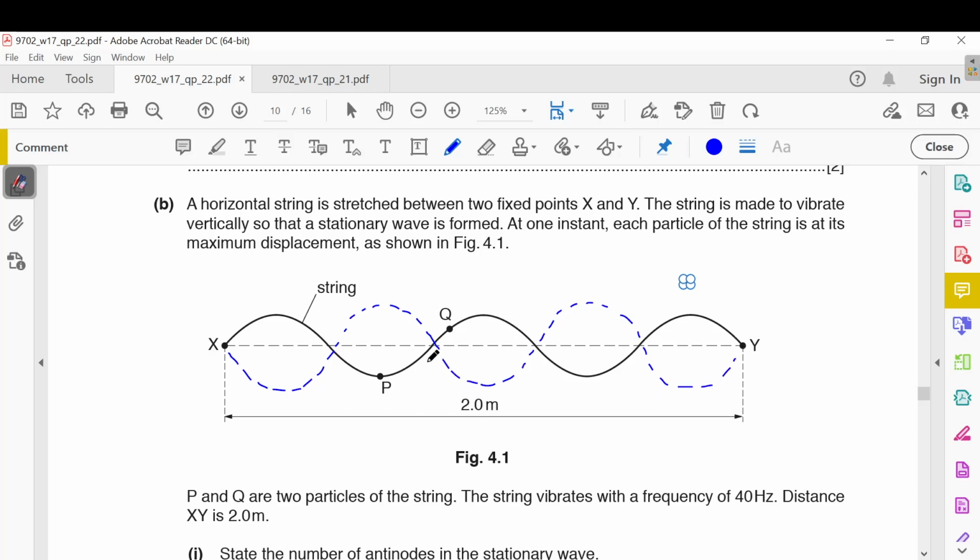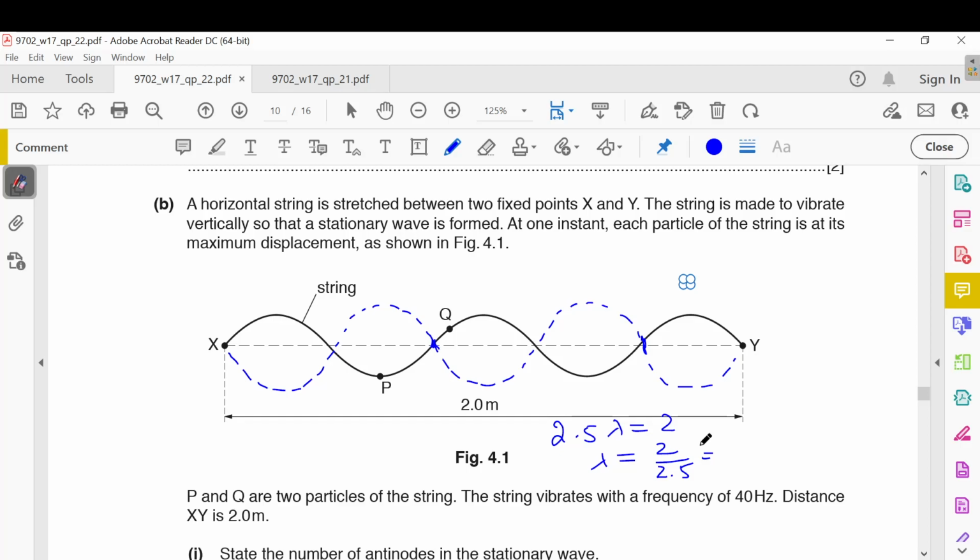This seems stationary. Now I get two main points from this activity. One is here is a complete one wave, then we have two waves, then 2.5. So 2.5 lambda is equal to 2 meter, then lambda will be equal to 2 over 2.5.